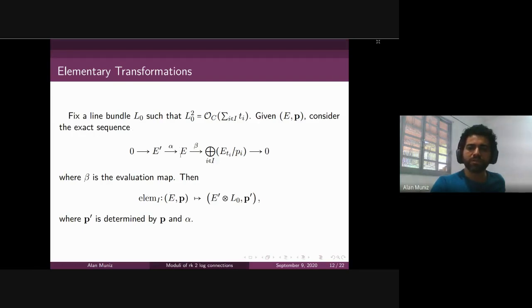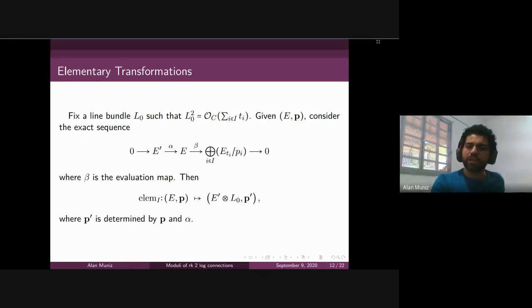First, we consider a skyscraper sheaf supported on the Ti, where i lives in capital I, and we take the evaluation map. Here we take a section of E, take its values on these points, mod out by Pi, and this is what we achieve.